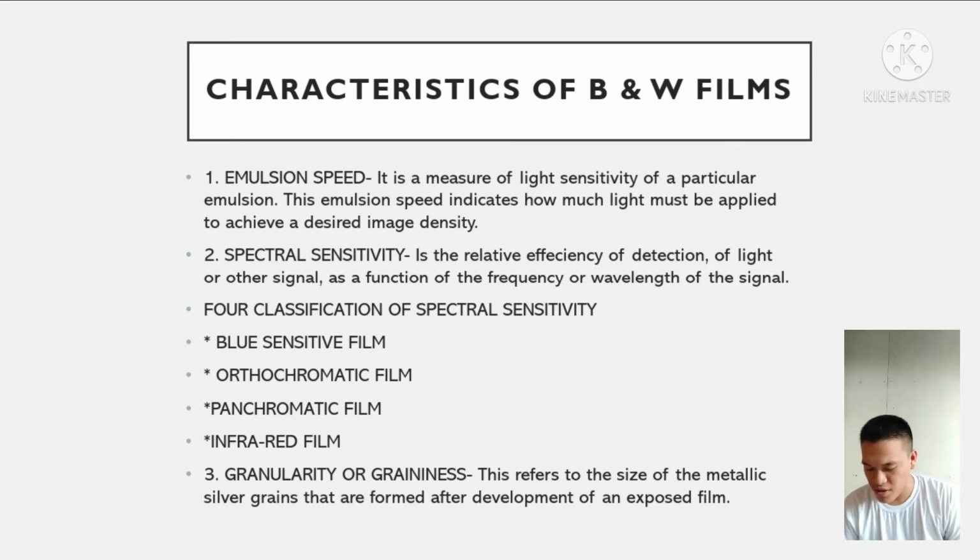Low sensitivity film is sensitive to ultraviolet rays and blue light only. Orthochromatic film is sensitive to ultraviolet rays, blue, and green light only. Panchromatic film is sensitive to ultraviolet radiation, blue, green, and red light, or all colors.